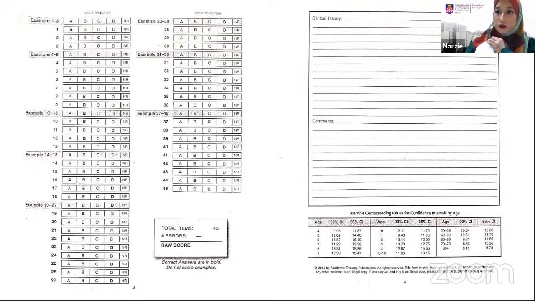Itu yang the correct answer sebenarnya. Okay. Contohnya item number 1 tu the bolded letter is A. Boleh nampak tak? Okay, item 2, the bolded letter is C. Item 3, the bolded letter is also C. So, the bolded letters tu maksudnya that is actually the correct response. Alright, let's go to the next slide.